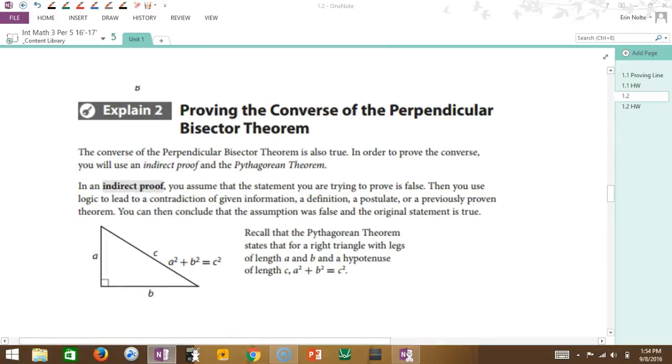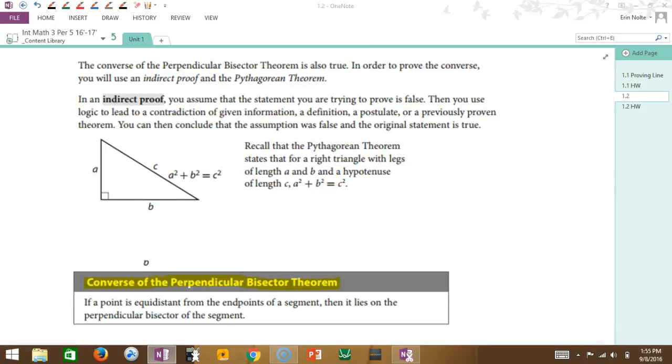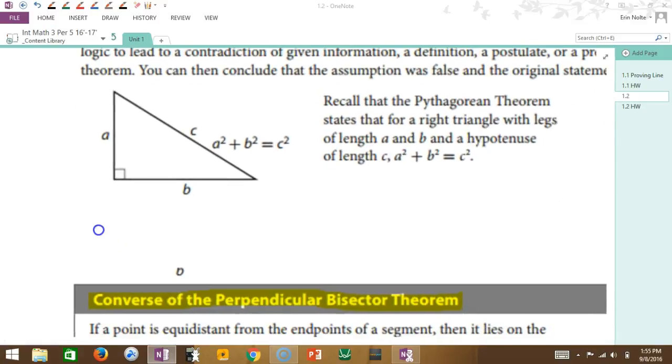The next part of this is using the perpendicular bisector theorem to make statements about right triangles. I am hoping that this little piece of information looks familiar to you. Anybody heard of the Pythagorean Theorem? If you haven't, you need to write this down, and maybe come see me with questions about it.